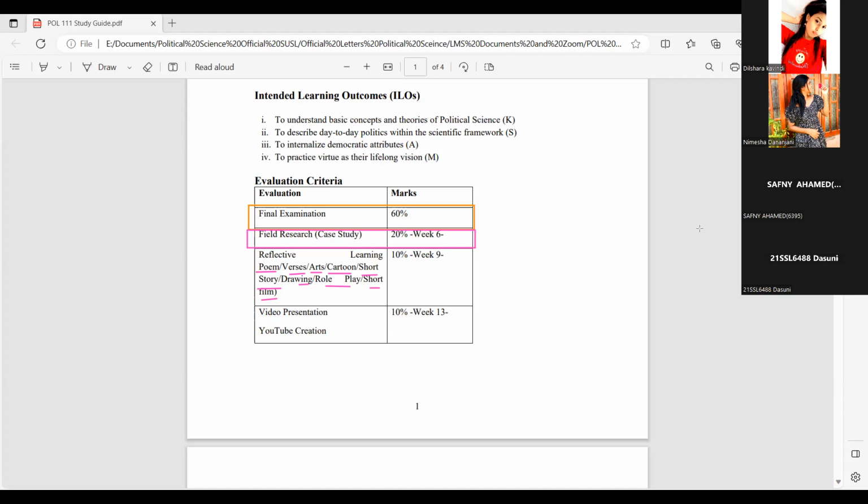You can select any topic, but the thing is that you have to include political theory, political concepts, and such things. Whatever your short assignment is, whether it is a short film or a short story or maybe poems or verses, you have to include a political context, right?